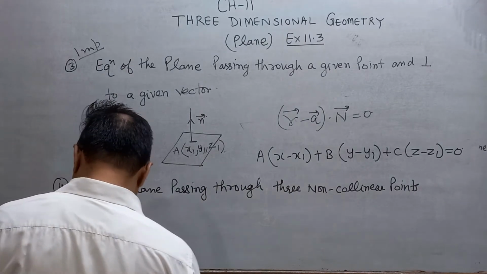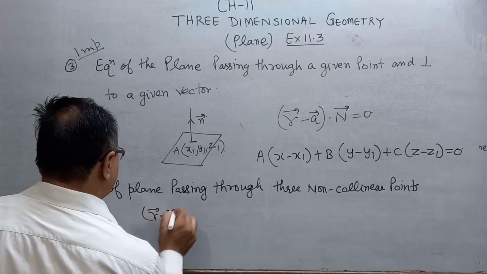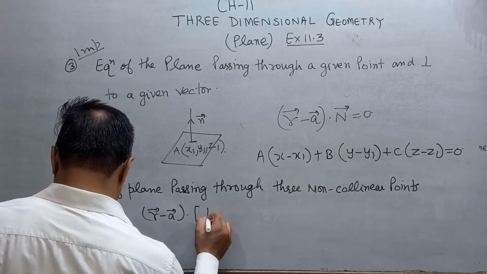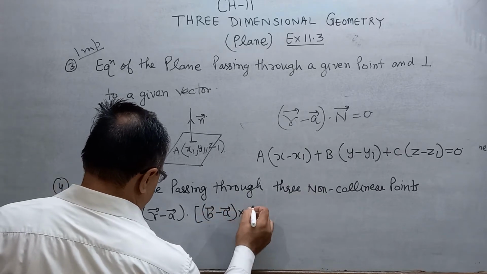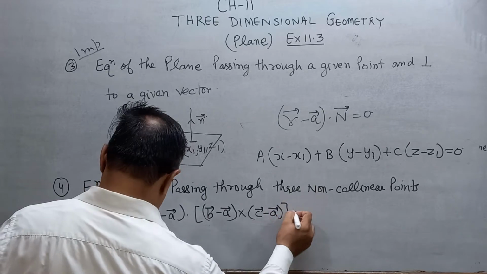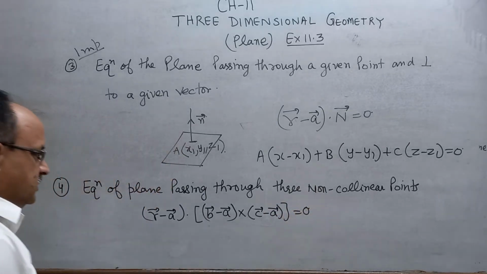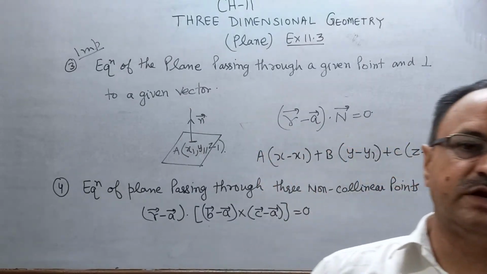This is the formula: vector r minus vector A dot vector B minus vector A cross vector C minus vector A is equal to 0. This is the vector equation of the plane passing through 3 non-collinear points.